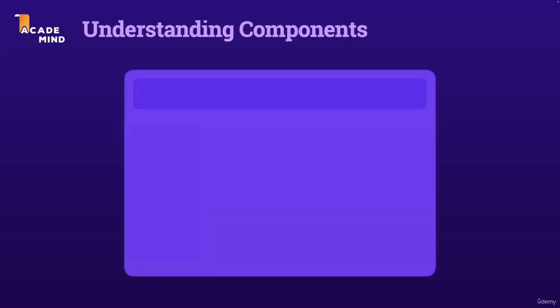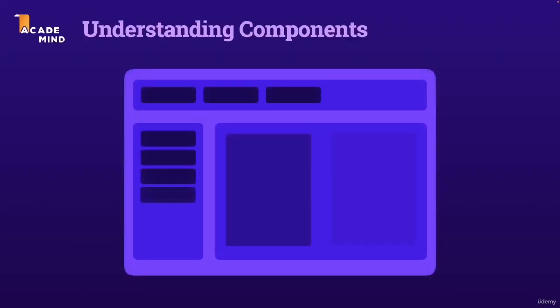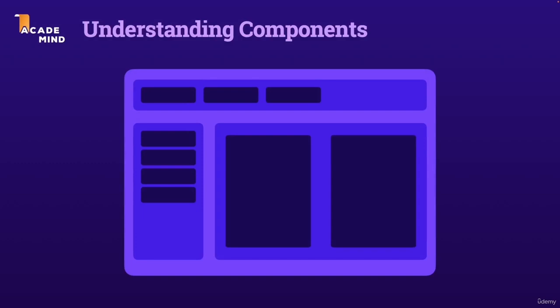Because components are a key building block when working with React. Ultimately, any website you think of can be split up into different building blocks that make up the website, like a header at the top, a sidebar on the left, and so on. And with React, you simply build these individual building blocks as functions that return JSX code.